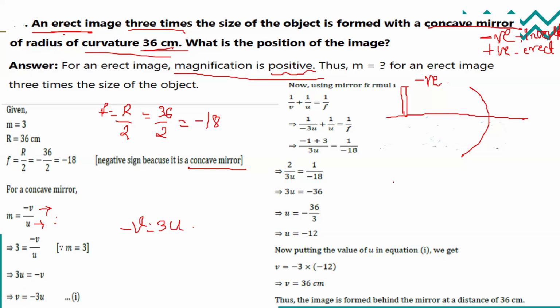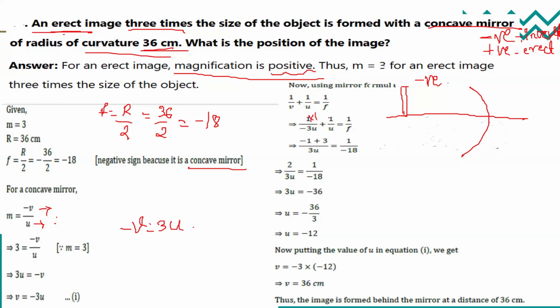Now, using the mirror formula, 1 upon V plus 1 upon U is equal to 1 upon F. What is the value of V? V is minus 3U, so 1 upon minus 3U plus 1 upon U is equal to 1 upon F. Now 3U and U, that means 3U is the LCM here.